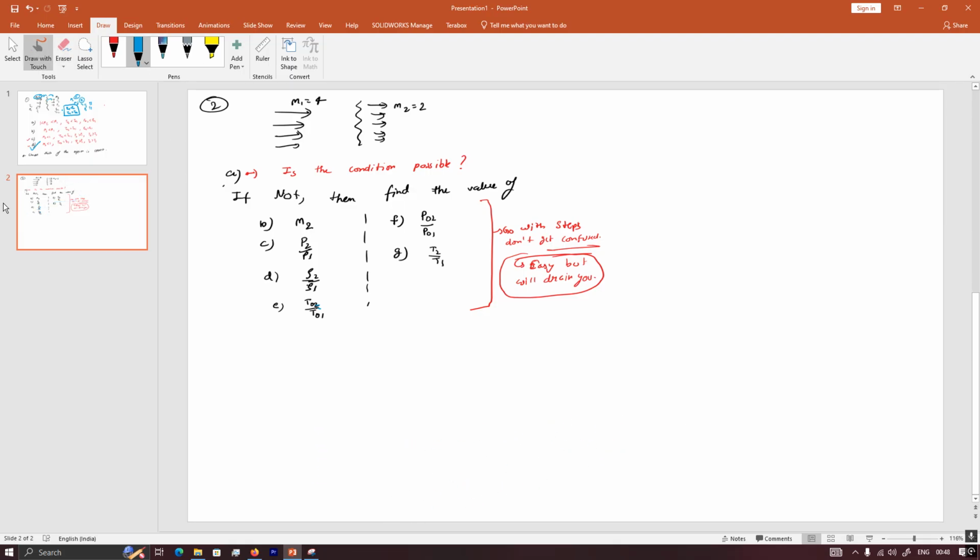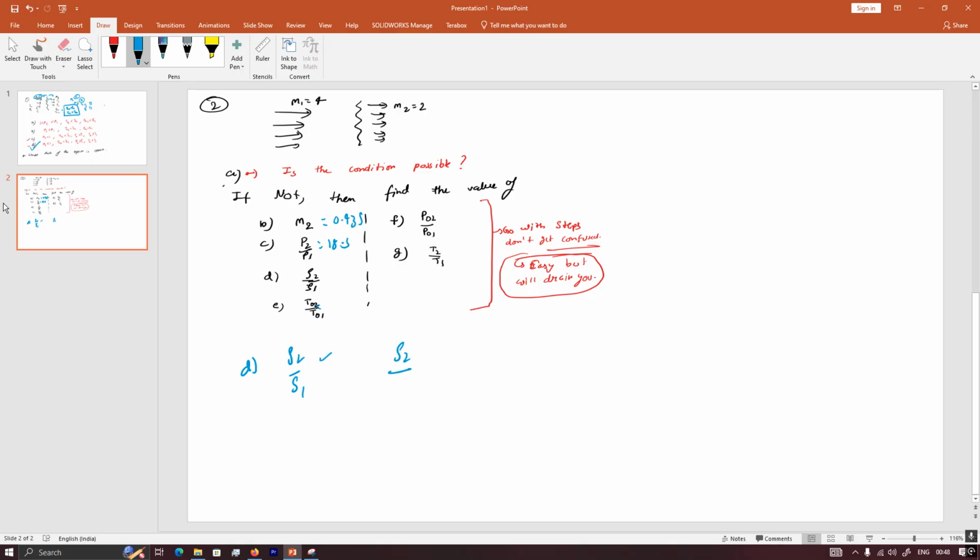Now the question is asking what is rho 2 by rho 1. As you have this 18.5, and m2 is 0.435, now you can calculate this in two ways.